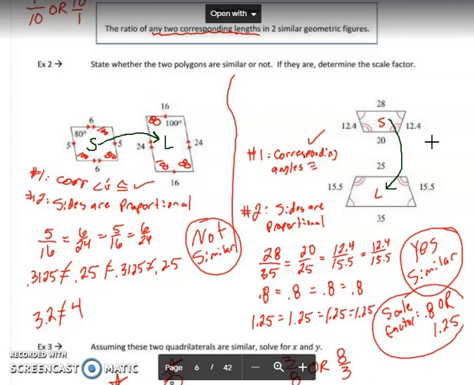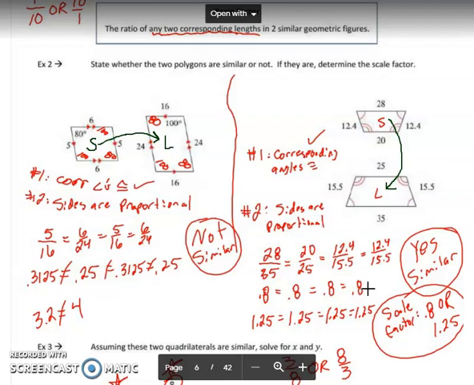Sometimes that consistency from problem to problem helps us, one, with our confidence, and two, with our accuracy. So 28 goes with 35, and then 20 over 25, and then 12.4 with 15.5, and 12.4 with 15.5. When I divide each of these out, I get 0.8, 0.8, 0.8, 0.8.